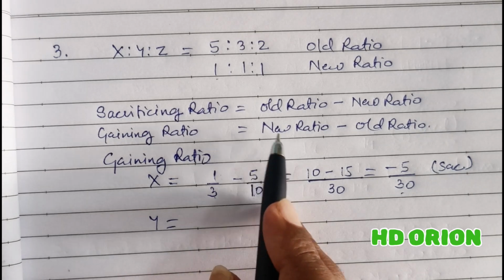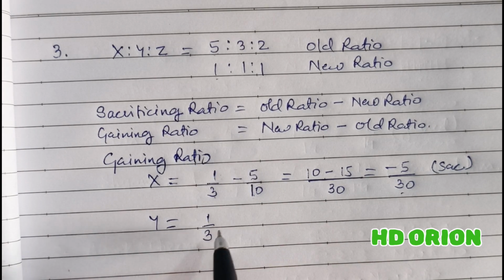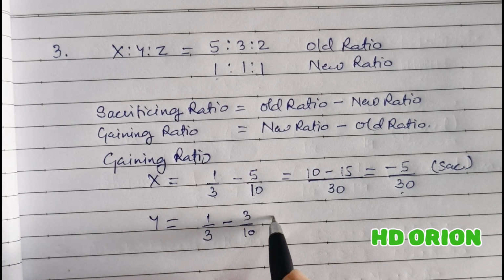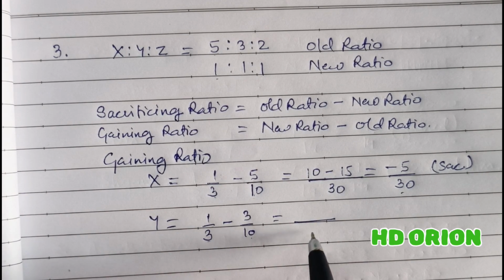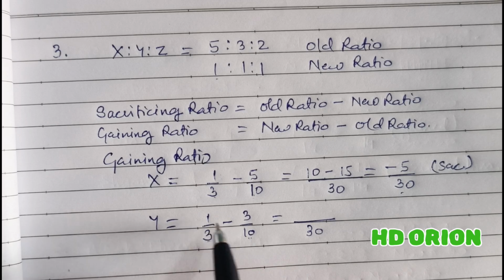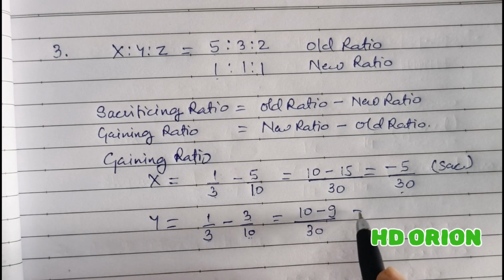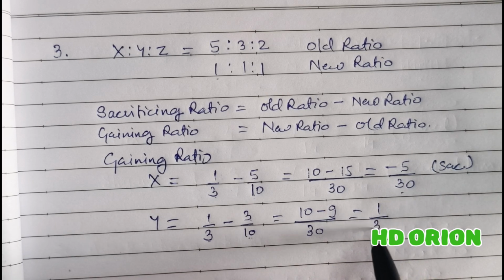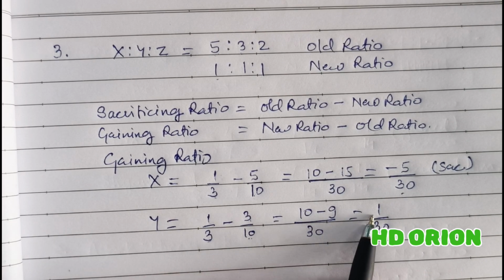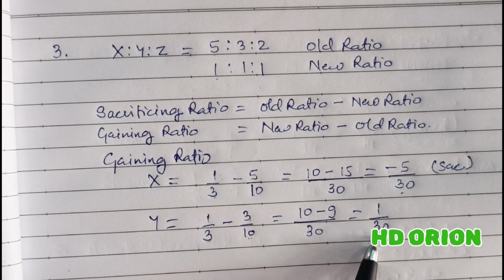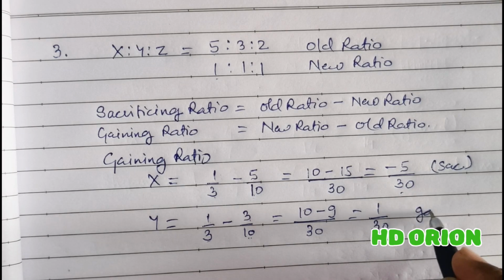Y's new ratio is again 1/3 minus old ratio, which is 3/10. 3 into 10 is 30. Then 10 into 1 is 10, minus 3 into 3, which is 9. So it is what? 1 by 30. So Y's answer is 1 by 30 in positive. It means Y has gained 1/30th of the total profit. So here it is a gain.